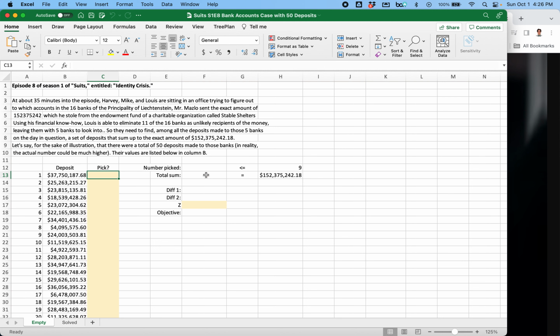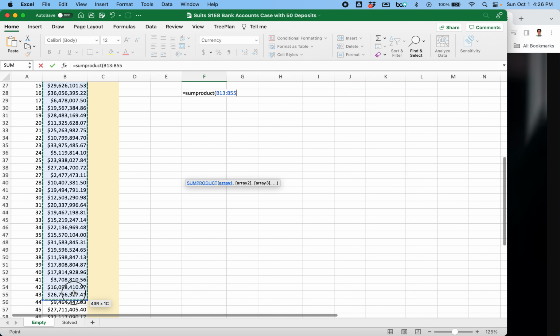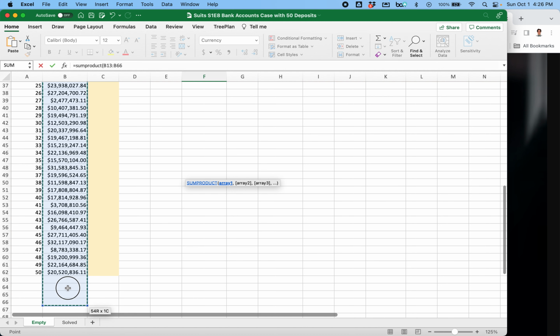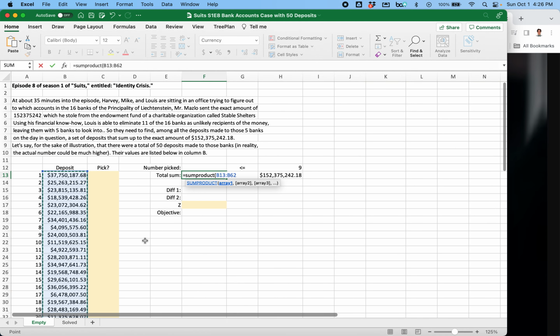Okay? Now, if I do a sum product between the column of deposits, right? And part of my Excel is slow because I'm recording the screen and it kind of overloads the computer. So I take a sum product between the deposits and my yes/no variables.